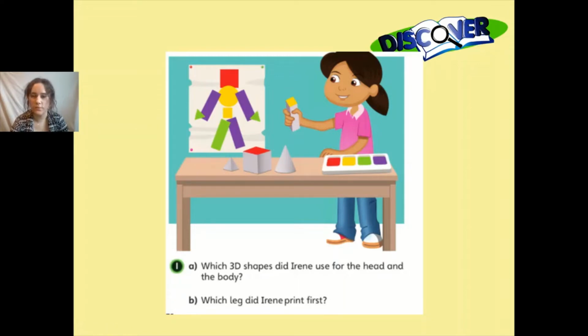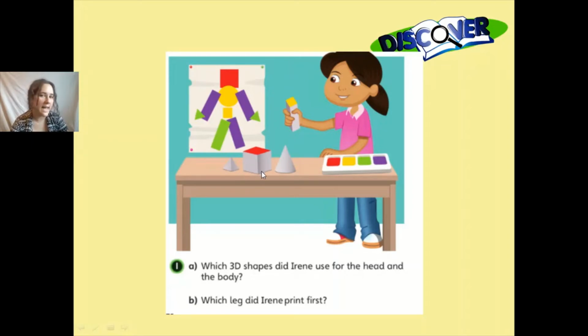We'll start with 1A. Which 3D shapes did Irene use for the head and the body? We can see here Irene has made a lovely picture and she's used 3D shapes to print 2D shapes on her piece of paper. We can see the 3D shapes she's used are, well done, that's a pyramid.